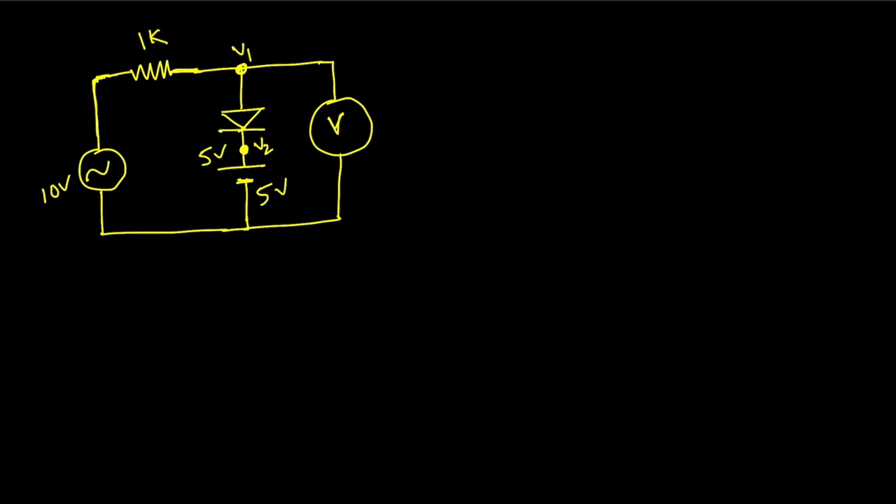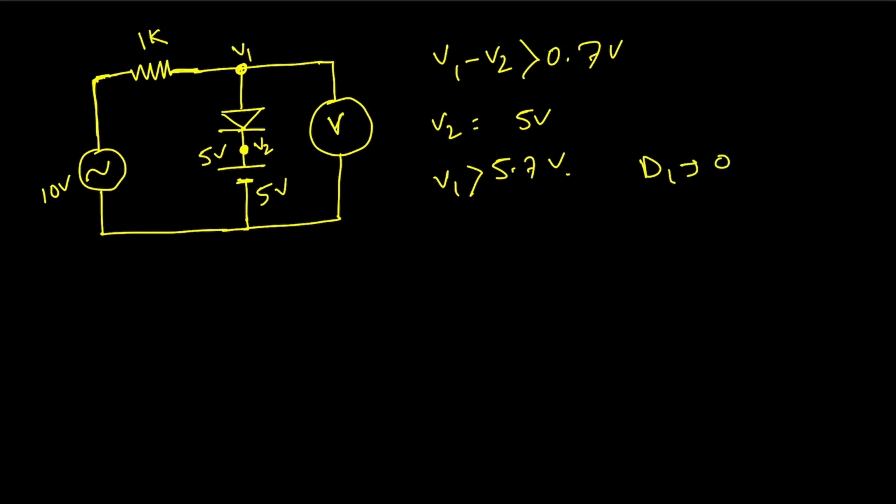Because V1 minus V2 should be greater than 0.7 volt, and here V2 is 5 volt. That means V1 should be greater than 5.7 volt such that this diode D1 will be on. When V1 is less than 5.7 volt, D1 will be off.